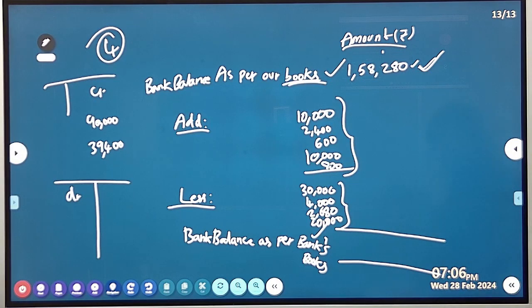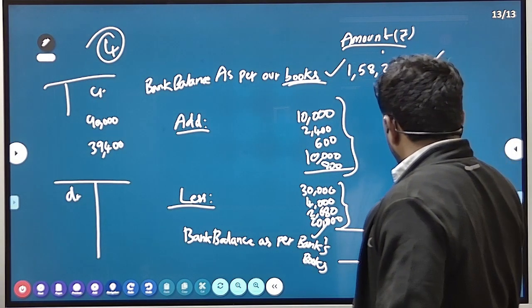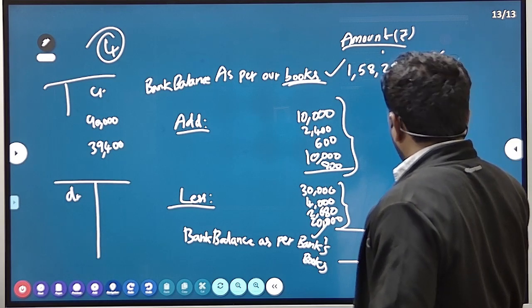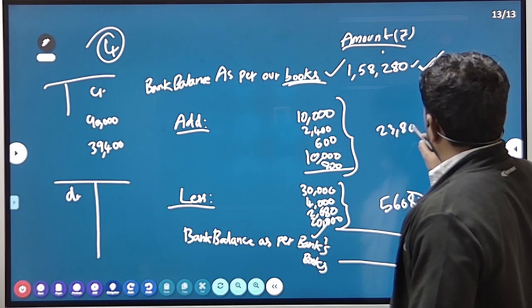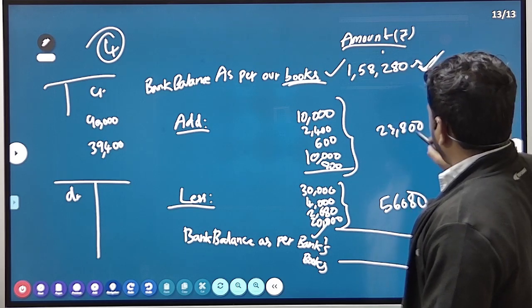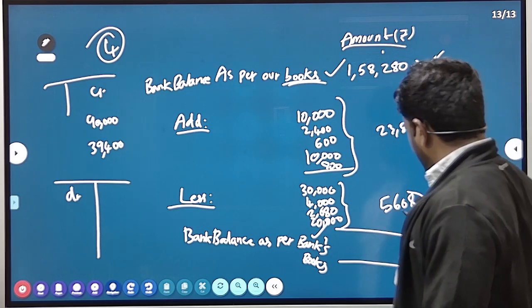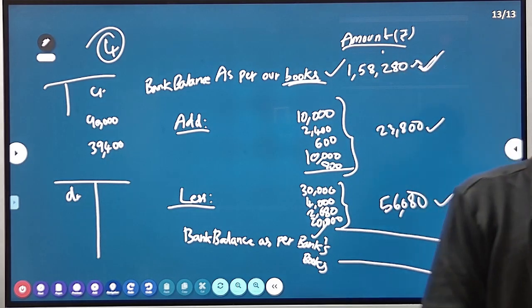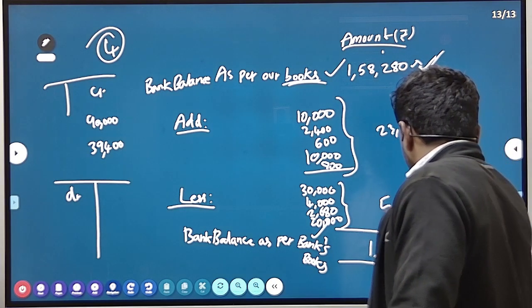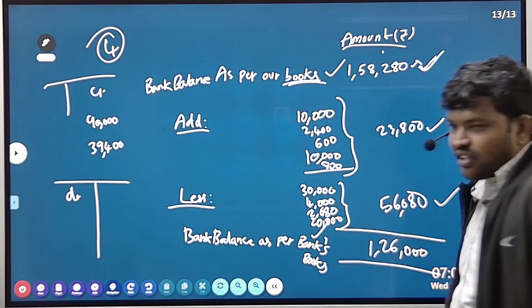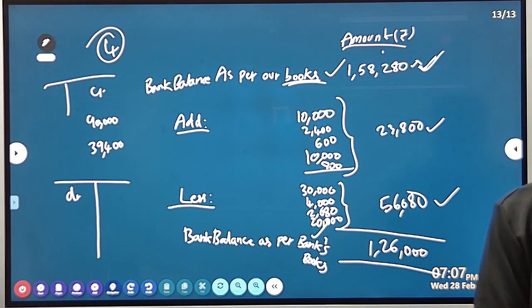Less part na, ये 56,080, the add part 23,800. So now 1,58,280 plus 23,800 minus 56,080. What is the amount? 1,26,000. Clear? This is BRS.